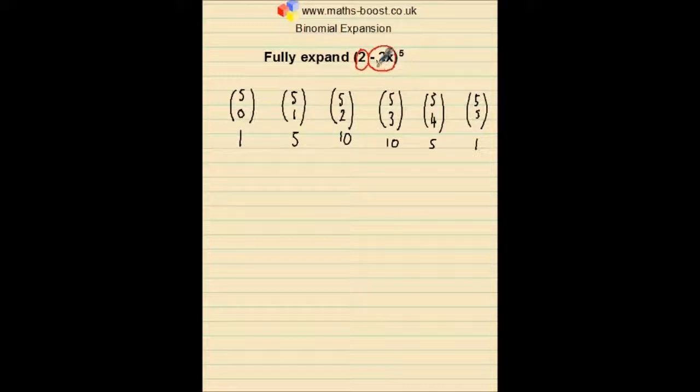Now I'll take either term, put it in brackets, and begin with the power of the expansion, and then write it down again, decreasing by 1 each time the power.